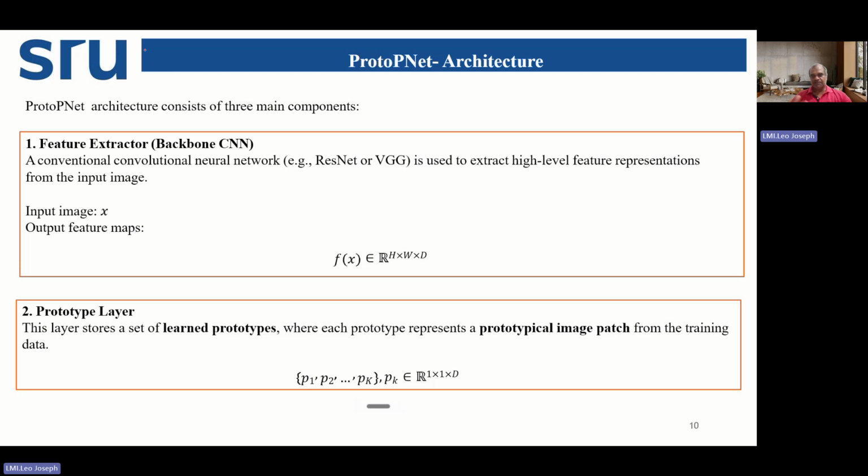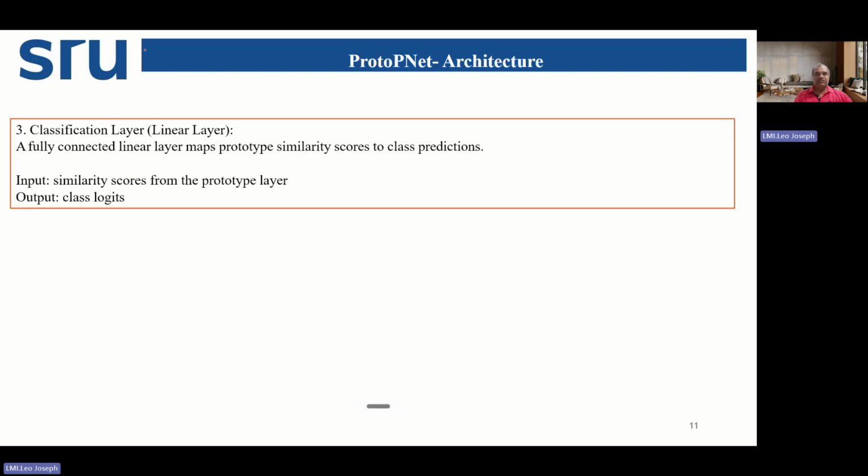We are just splitting the input image into different layers, and based on the layers, we are going for prototyping. So that is mapping to the array. That is the second stage. And the third stage is based on the fully connected layer maps. We are estimating the similarity scores for doing the class predictions. So the final output will be in the logits.